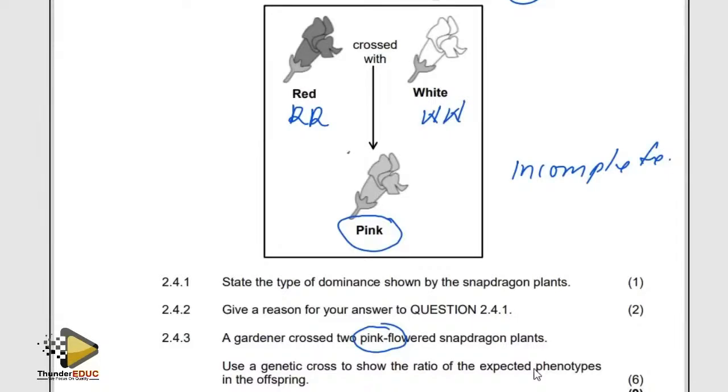So this one is going to produce a capital R. This one is going to produce a capital W. So this crosses with this, you produce this. And RW is an intermediate of red and white, which is pink. So when you're talking about the genotype of pink, we have to use this.